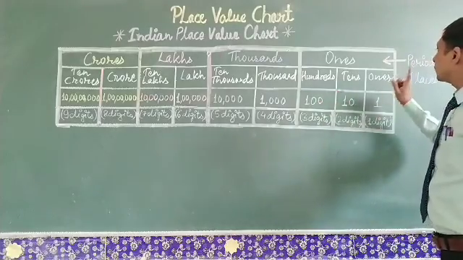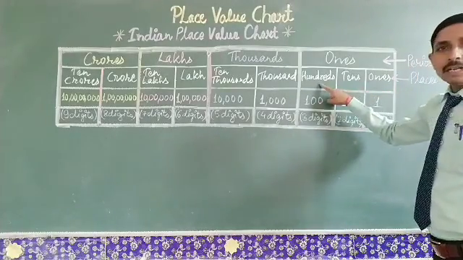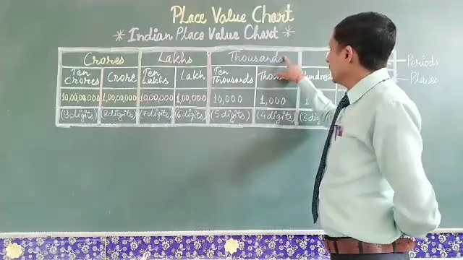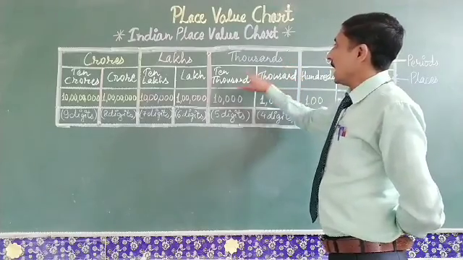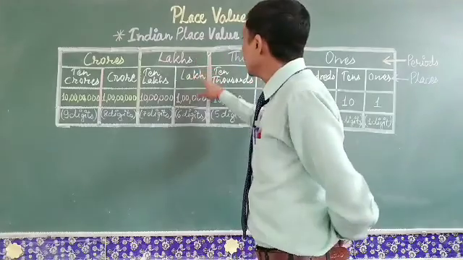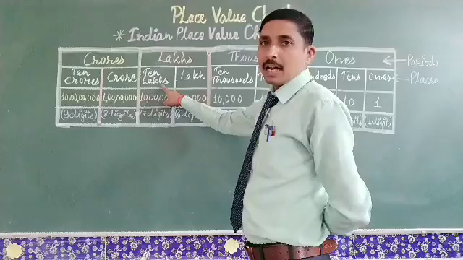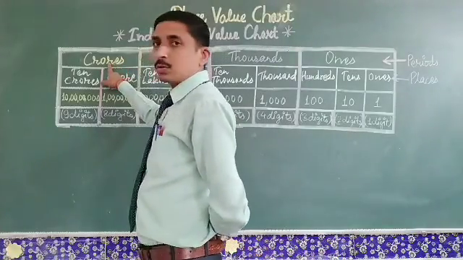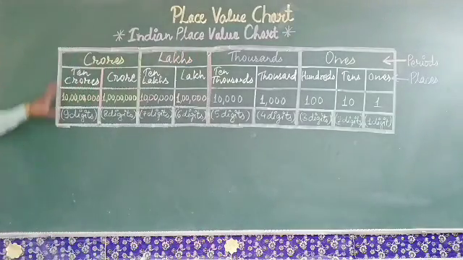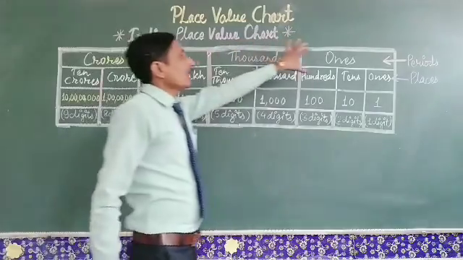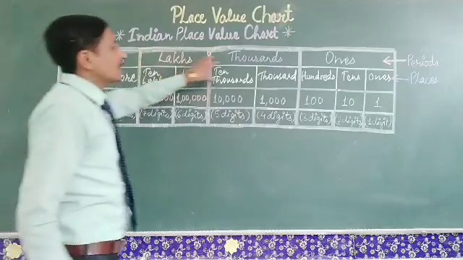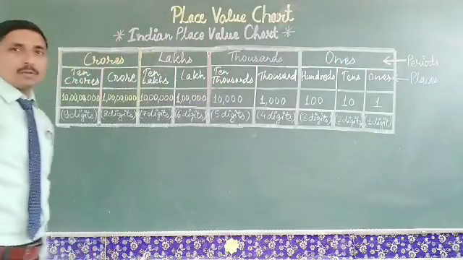In the second period, thousands, there are two places, thousand and ten thousand. In the same way, the lakhs period has two places, lakh and ten lakh, and the crores period has two places, crore and ten crore. So these are the periods and these are the places in the Indian place value system.